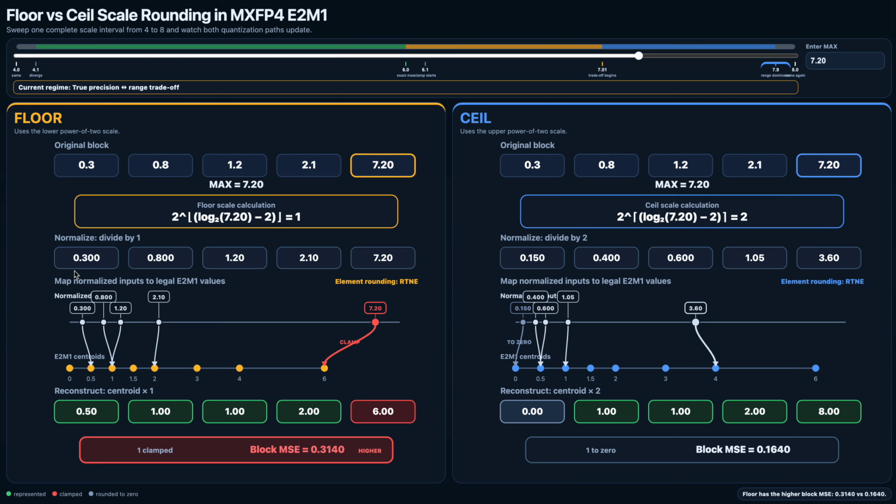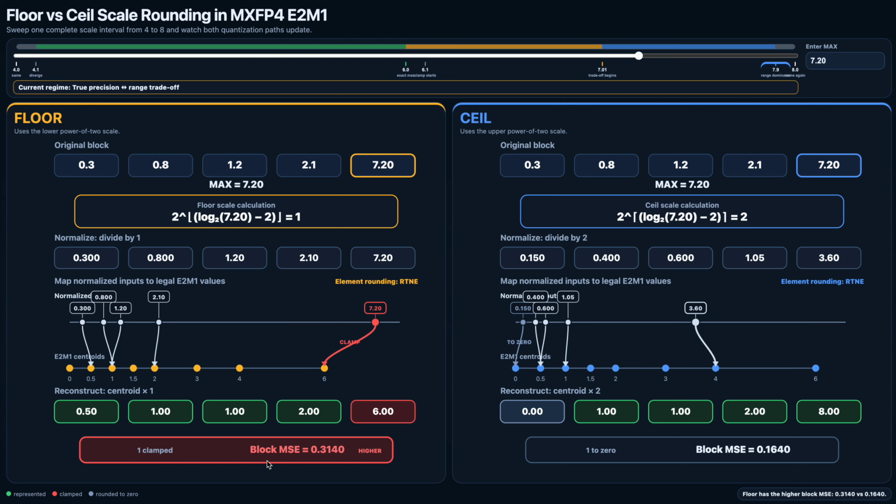Now let's take a look at the intermediate. When you look at all the intermediate values for scale 1, they get normalized to the same values, 0.3, 0.8, and so on, 7.2. And then when you map them to legal E2M1 elements using RTNE, what you see is that all these values get mapped to separate buckets, but the maximum value, 7.2, gets clamped to 6, which is the maximum possible value in E2M1. 2.1 gets mapped to 2, 1.2 and 0.8 both get mapped to 1, 0.3 gets mapped to 0.5.